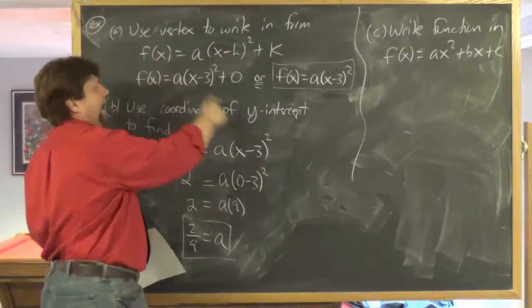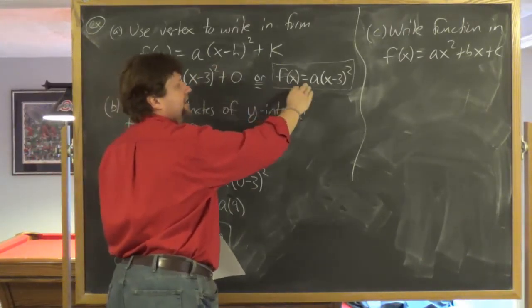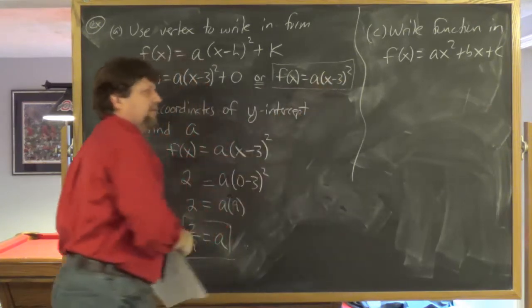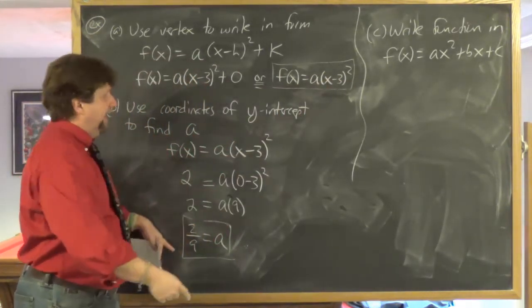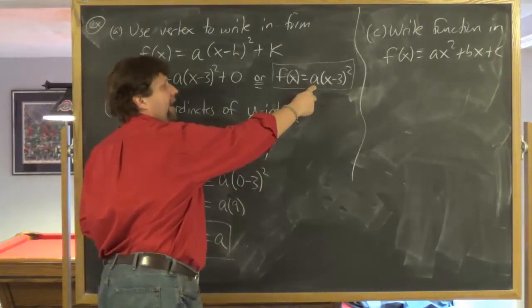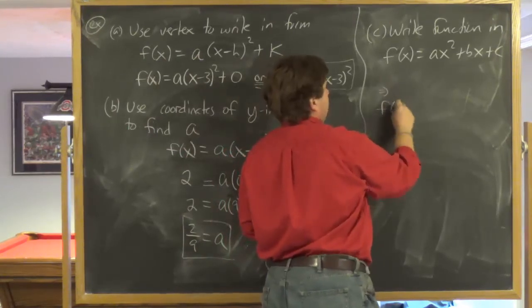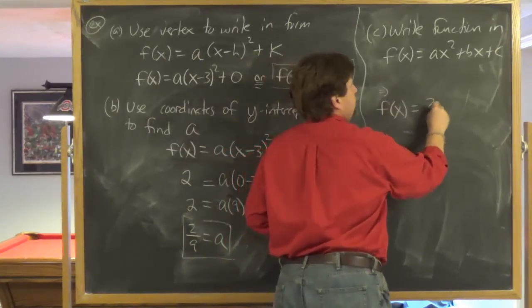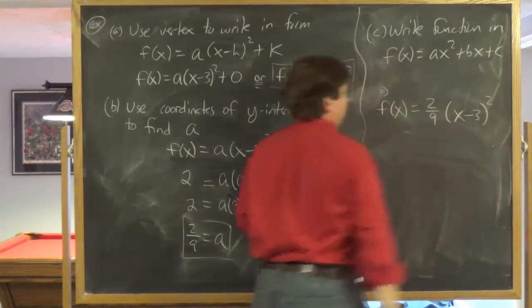Well, look, in part A, the vertex told me it was f of x equals a times x minus 3 quantity squared. In part B, we found the value of a to be 2/9. So I can go ahead and put the 2/9 in here for a, and that gives me the function, putting 2/9 in for a, it looks like that.